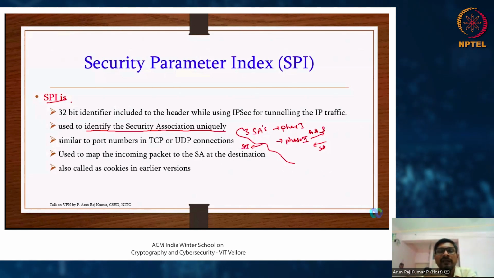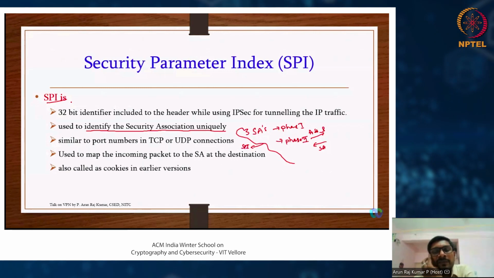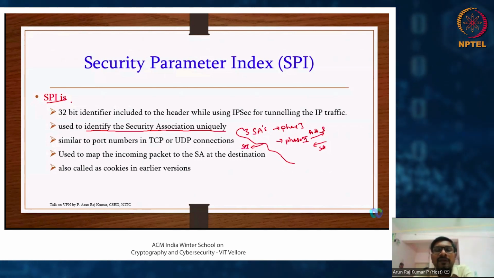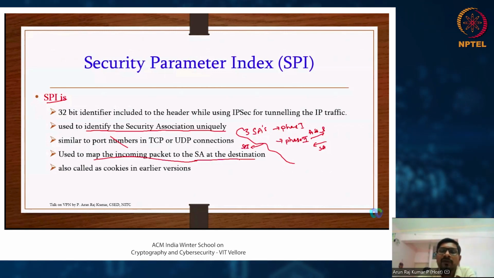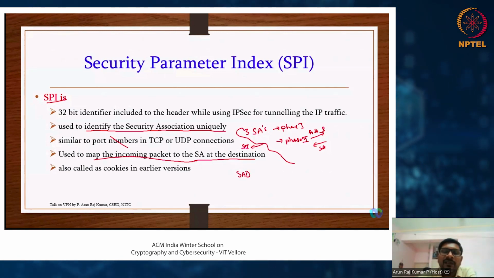Based on that, this information will be available in the database, the security association database. It's basically a table. Based on the SPI, we can easily map the incoming packet to the security association of the destination, because the receiving side also maintains a security association database.